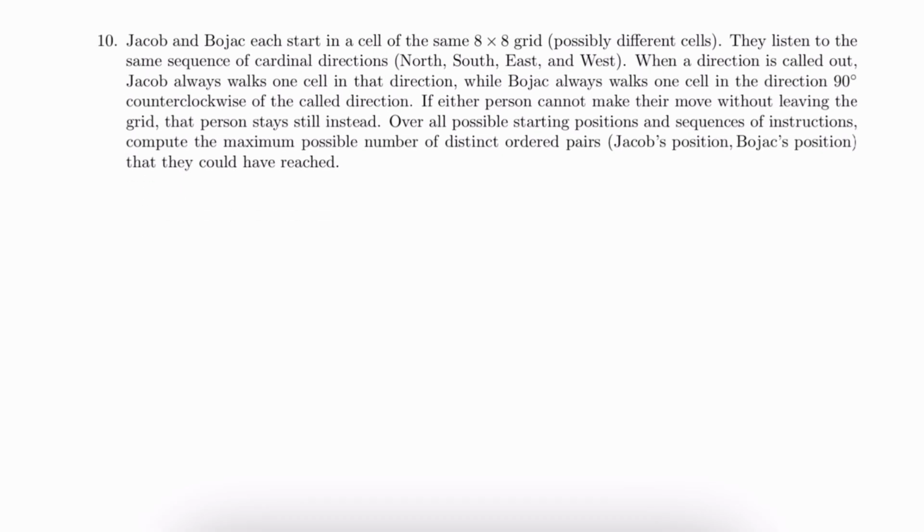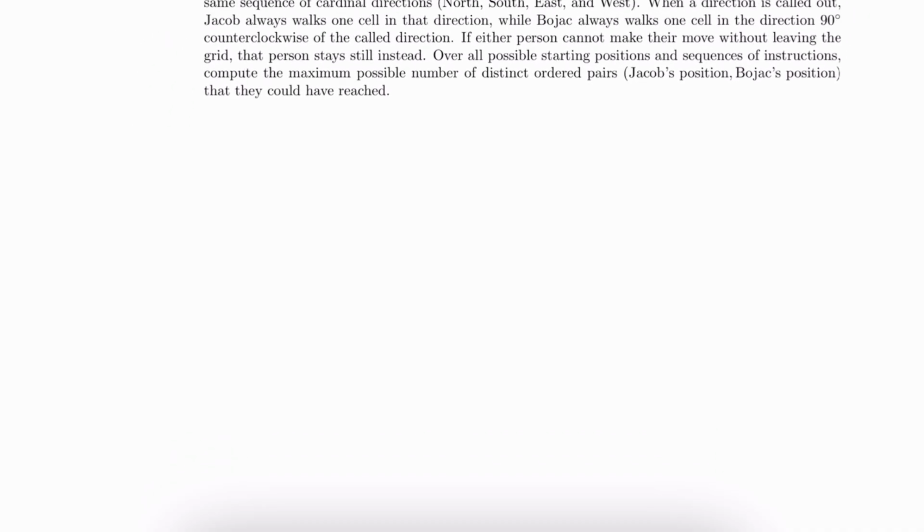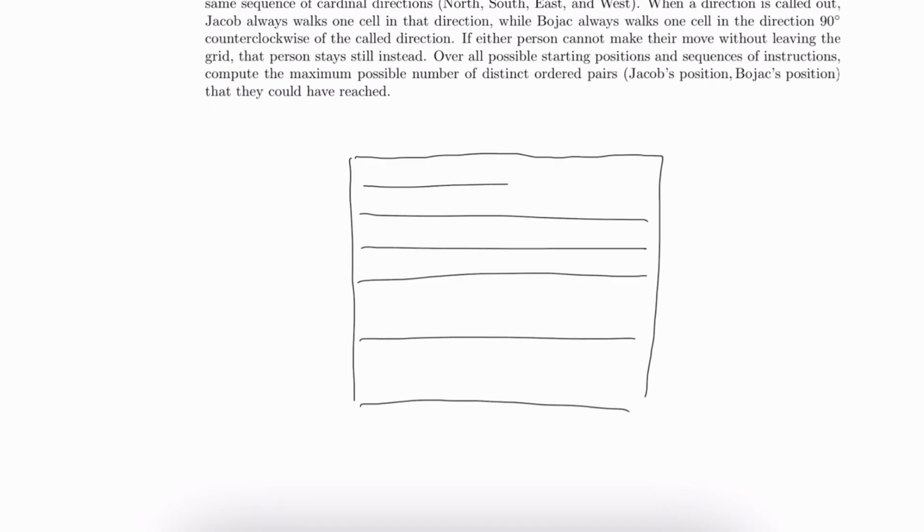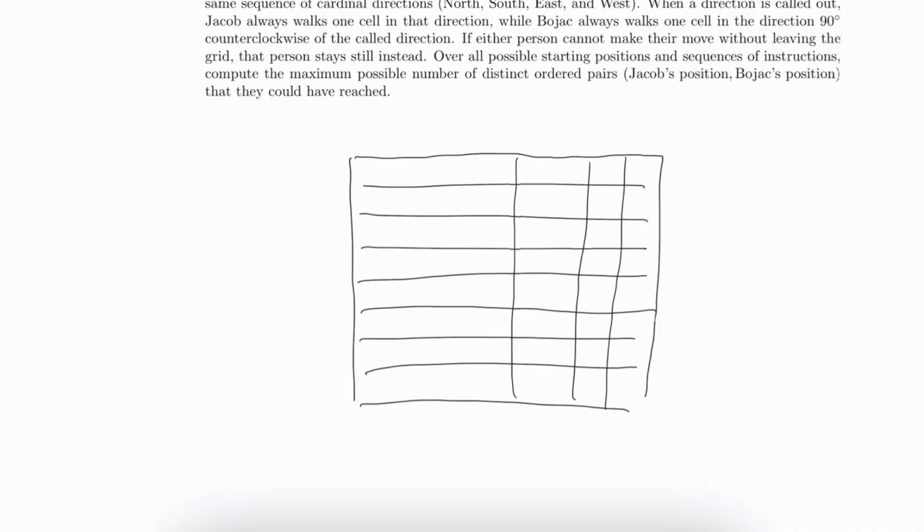Yeah. And so let's start out by drawing out this problem first. We have an 8 by 8 grid. And let's just put Jacob somewhere like here, and then Bojack somewhere like here.